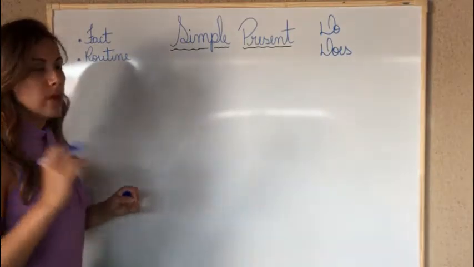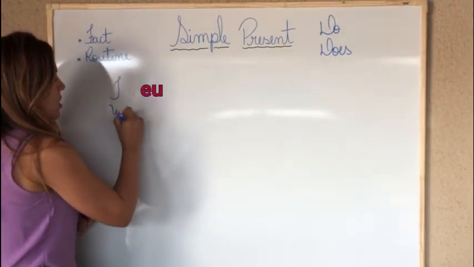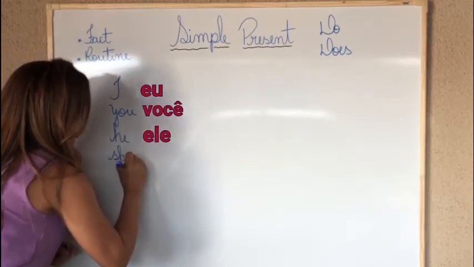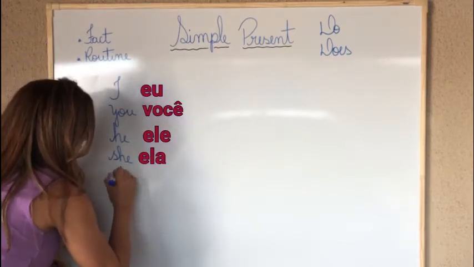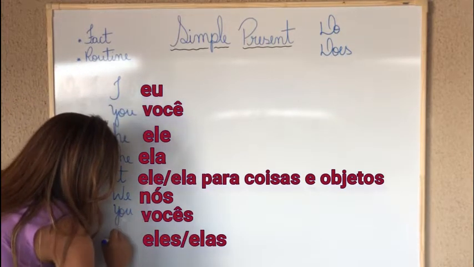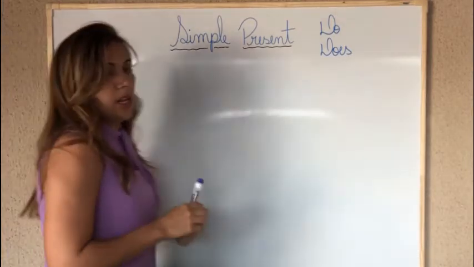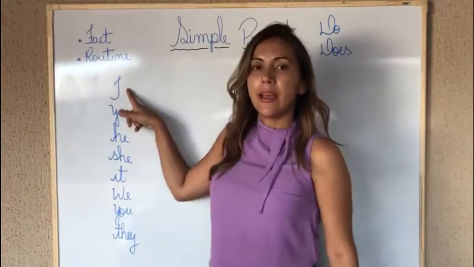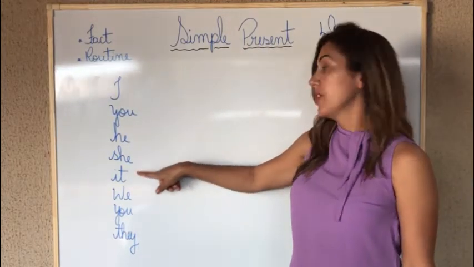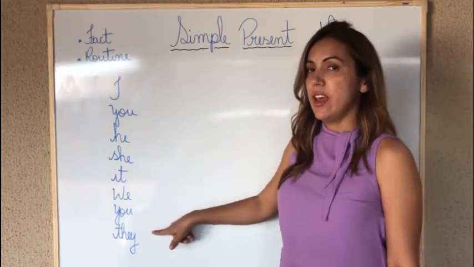Let's review the pronouns. Look here, the pronouns in English: I, you, he, she, it, we, you, and they. Okay, let's repeat. I, you, he, she, it, we, you, and they.